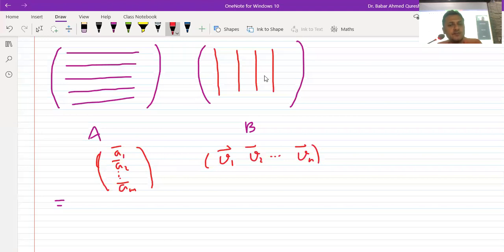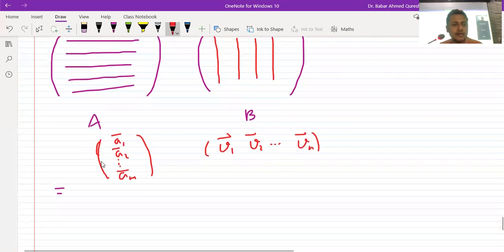So if I look at this matrix, these are a bunch of columns. So far I don't know how to multiply a matrix with a matrix, but I know what to do if I am just given one column, how to multiply it with a matrix. So I say, let's just do that.